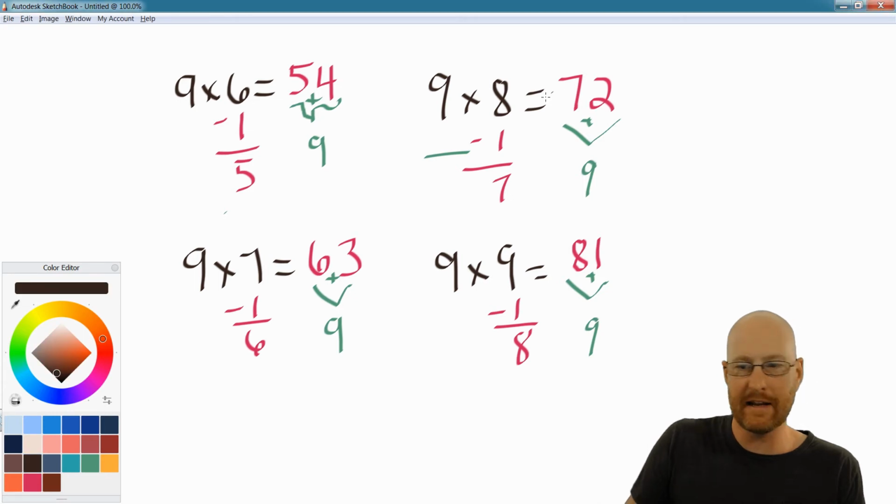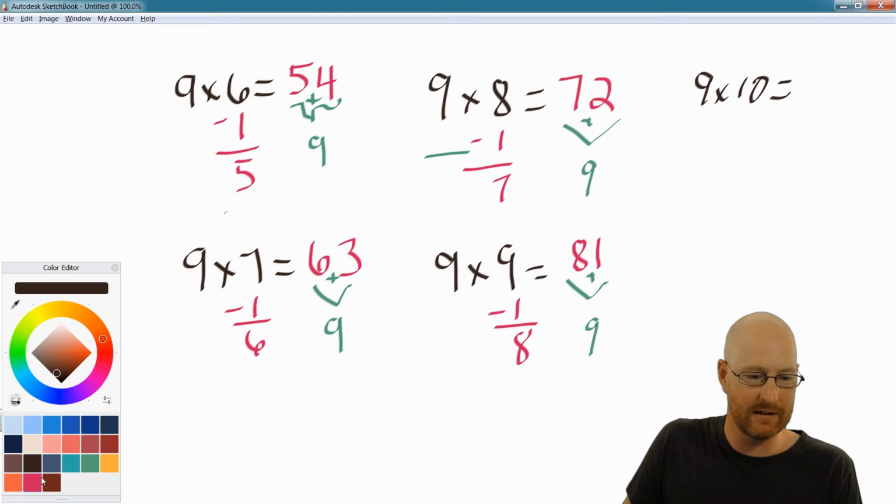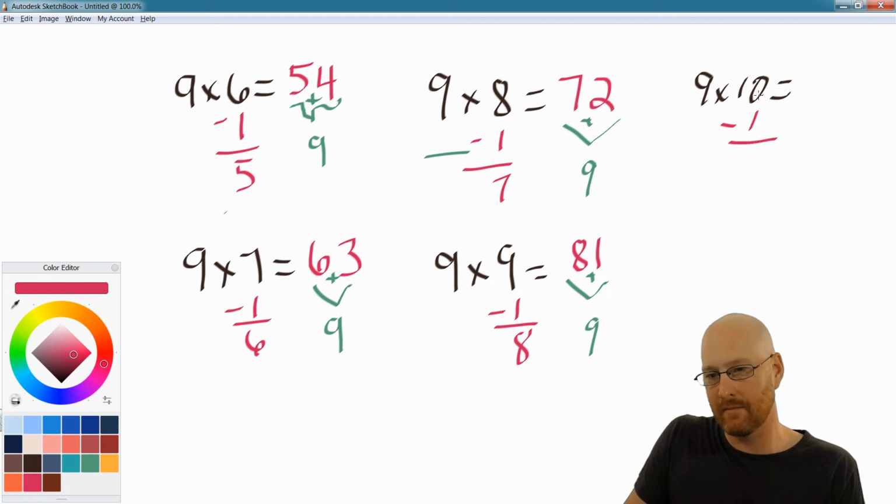So pretty simple, and we can actually keep going and do this for 10 too if you really need to. I mean, 9 times 10, obviously the answer is 90, but we can still do our trick. So check it out. 10 minus 1 is 9. Bring the 9 up here.